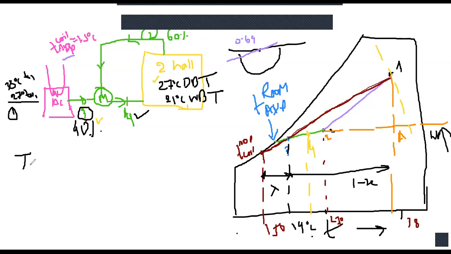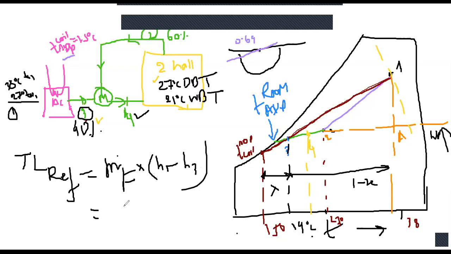So the total refrigerating load equals mass flow rate of the fresh air into the enthalpy drop across the AC, that means H1 minus H3, because we have to calculate the load on the AC.